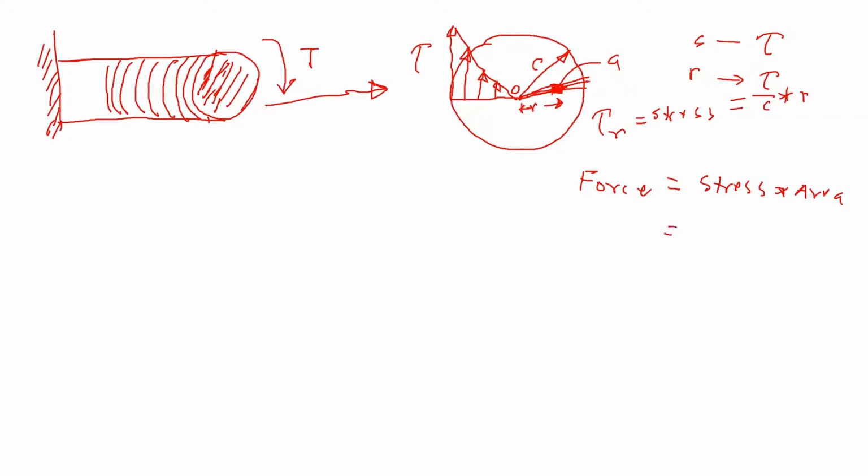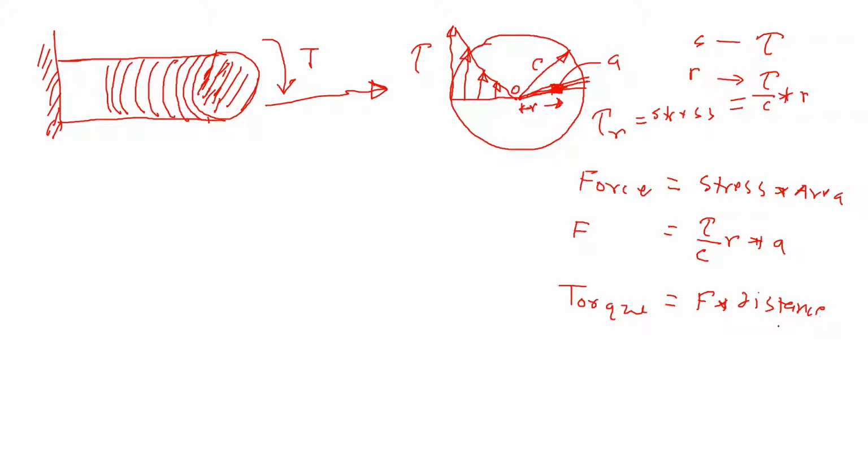So we are talking about that small area. The stress at a distance R is tau by C times R, times the area. Now we know the force at a distance R. So the torque we can calculate by multiplying force times distance.